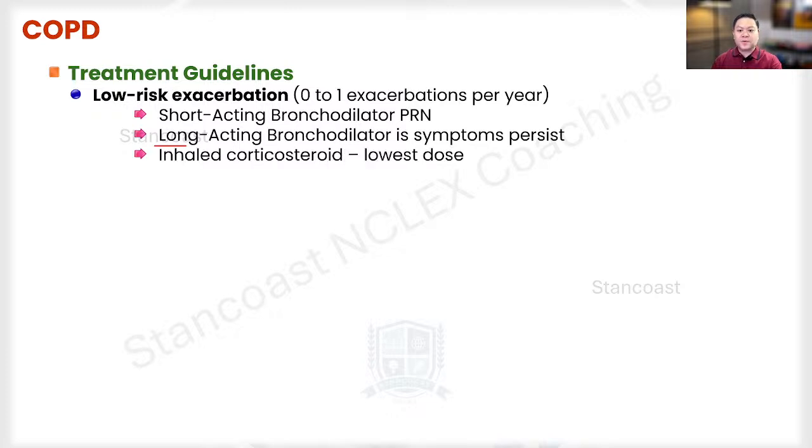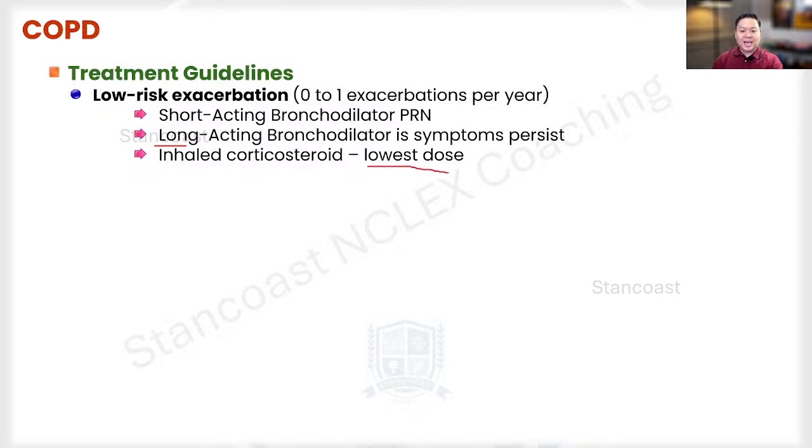Now, we're going to talk about the inhaled corticosteroids. This is also going to be used to provide additional control of the exacerbation. The dose that will be prescribed will be the lowest dose.